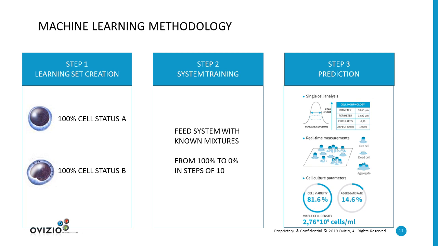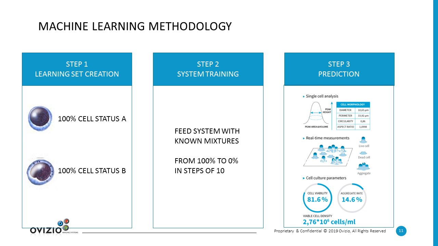When we have defined those populations, we let the machine learning platform know, okay, so now you have images of cells in status A and cells in status B. Please find within the holographic fingerprint if you can see any differences. When you are looking at 70 characteristics on the single cell level, it is quite often the case that you find differences between two populations.